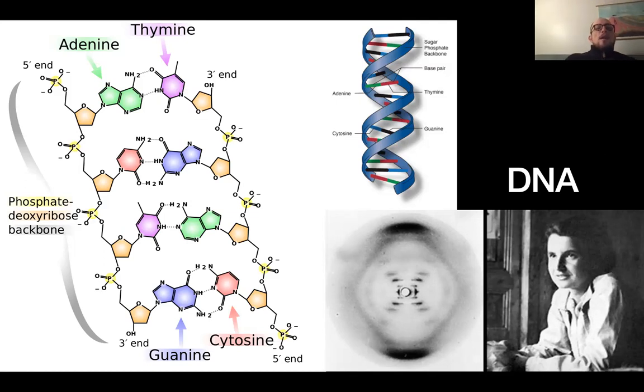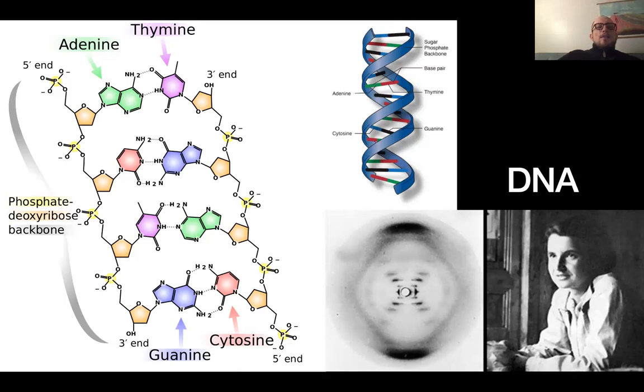Those phosphates are then bonded to a sugar called ribose. And in DNA, that ribose has an oxygen removed. So instead of a ribose sugar, it's actually a deoxyribose sugar, D meaning removed oxygen from a ribose.